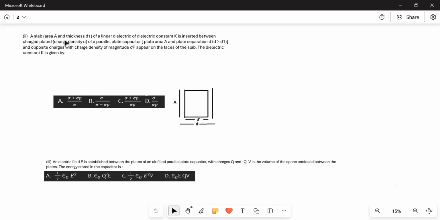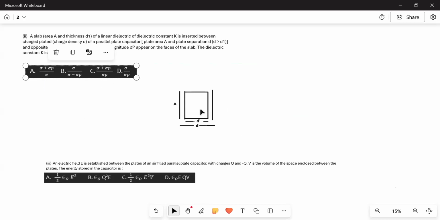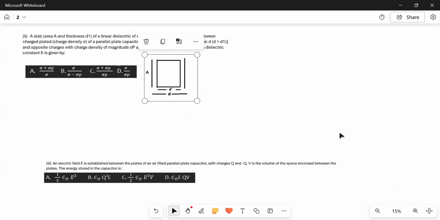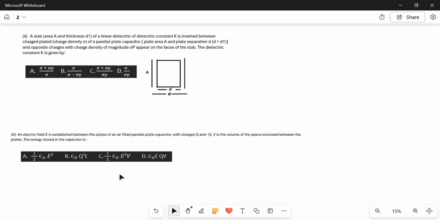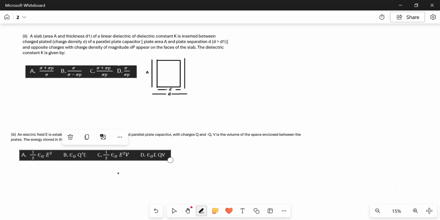The second question is that a dielectric slab of thickness D1 and dielectric constant K is inserted between the plates having area of cross section A, and the distance between the plates is D, and given that D is greater than D1.